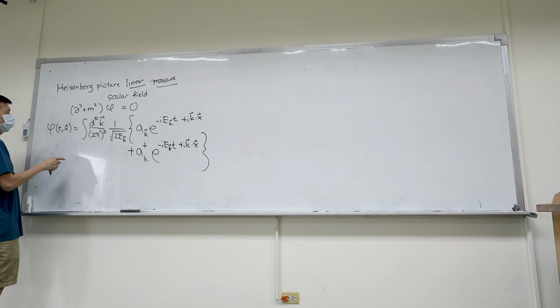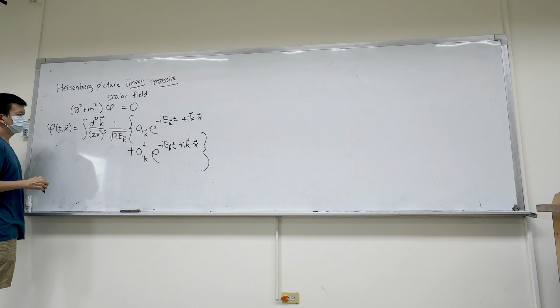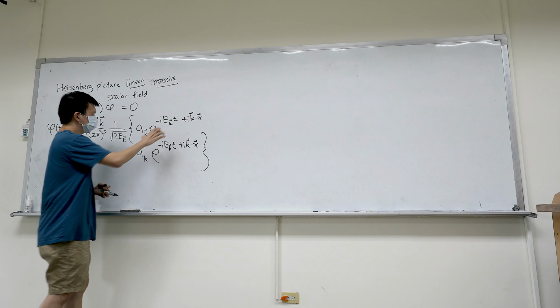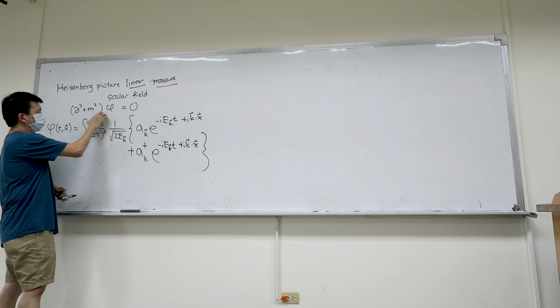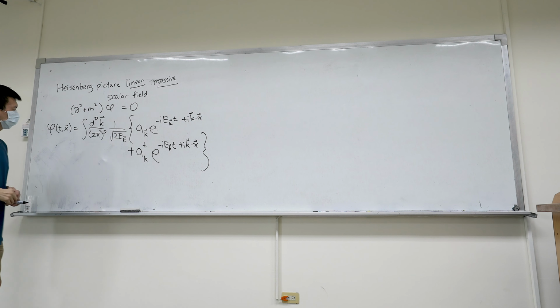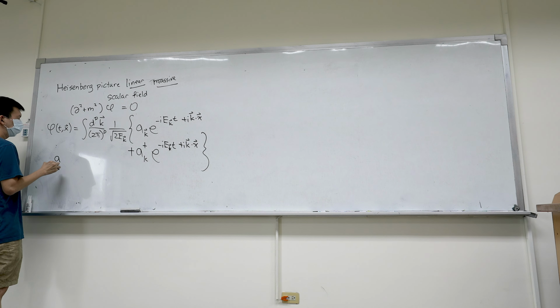So basically, the scalar field can be expanded in terms of its mode functions, right? These exponentials are the ones that solve this massive scalar wave equation, and it's the A's that are operators.